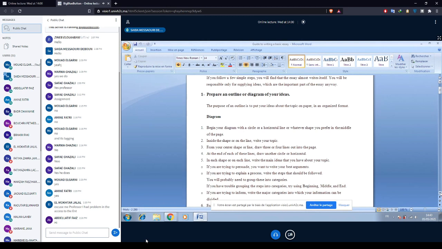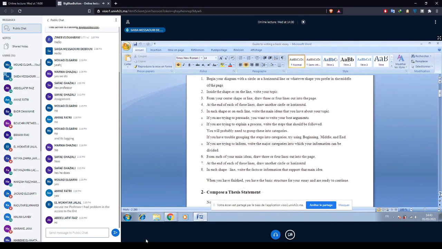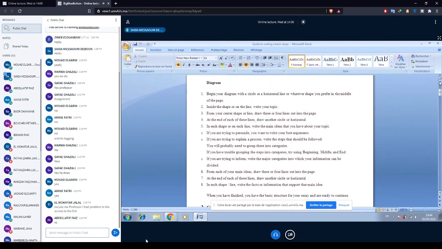Then you have different kinds of outline. In one of the videos you can see the different kinds. You have the diagram: begin your diagram with a circle. This is the brainstorming method.